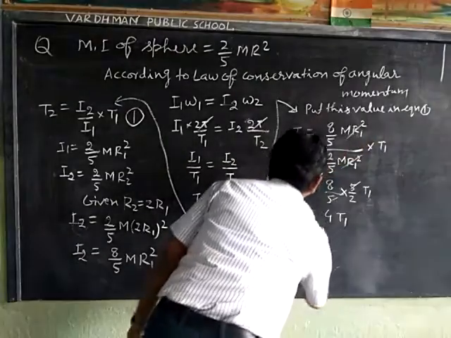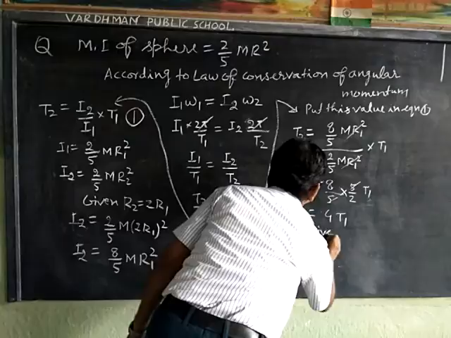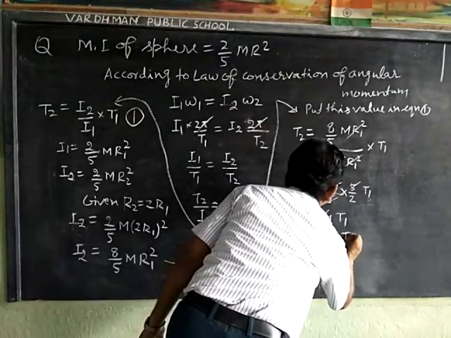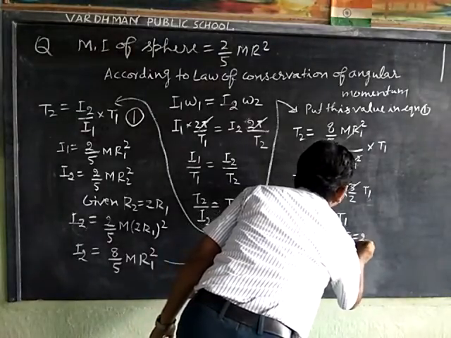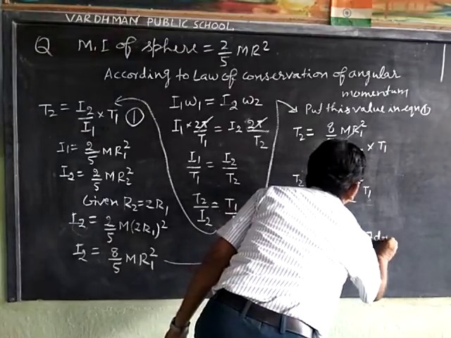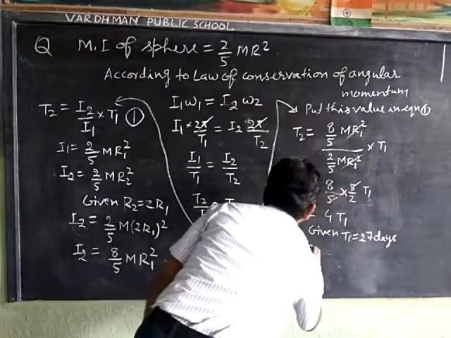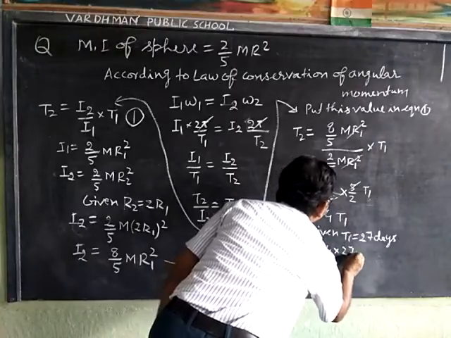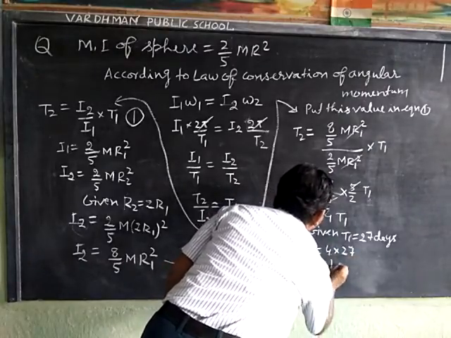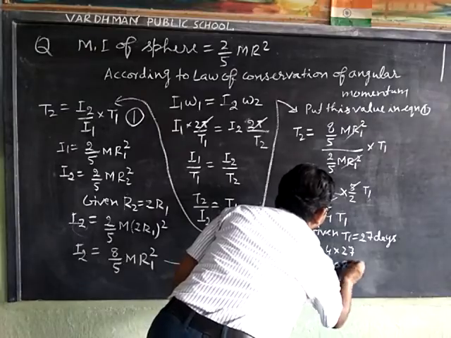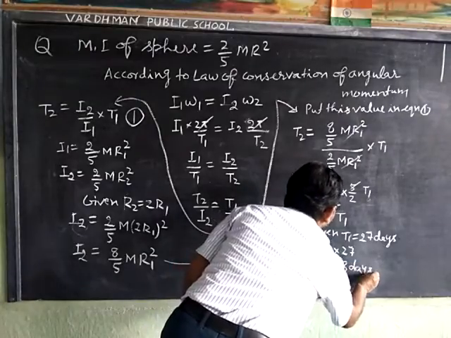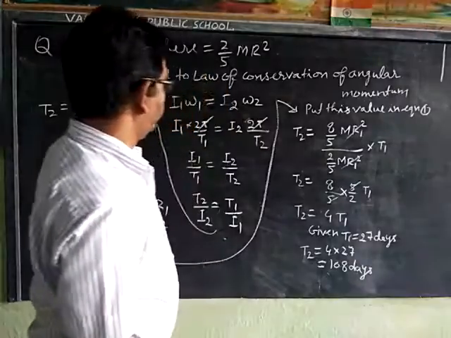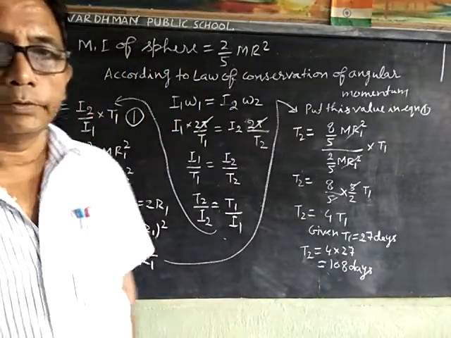Given T1 is equal to 27 days. Therefore, T2 is equal to 4 into 27, that is 108 days. Thank you.